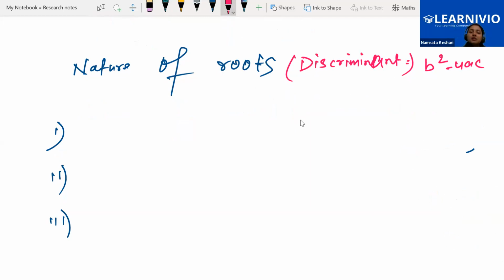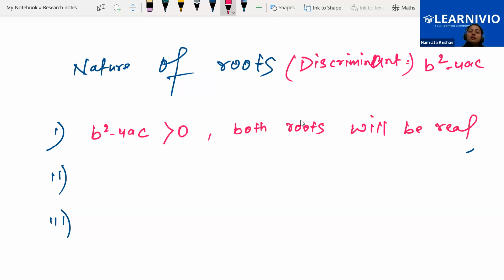So b square minus 4ac, if that is greater than 0, then both roots will be real and distinct. Distinct means we will be having different roots.